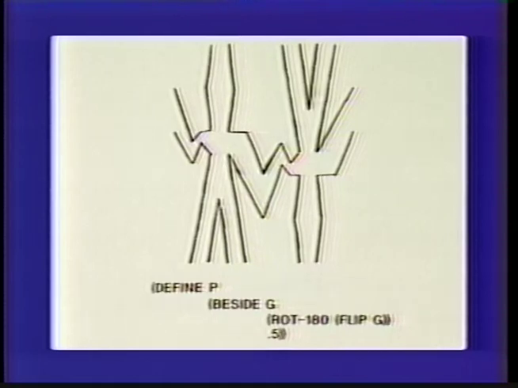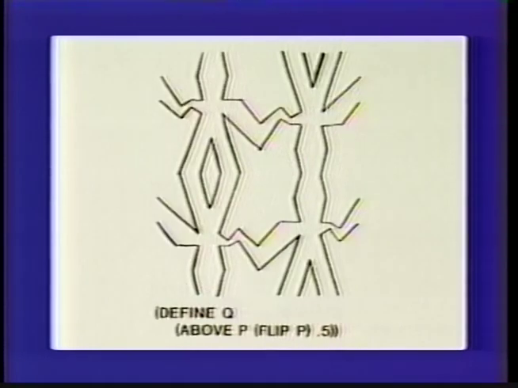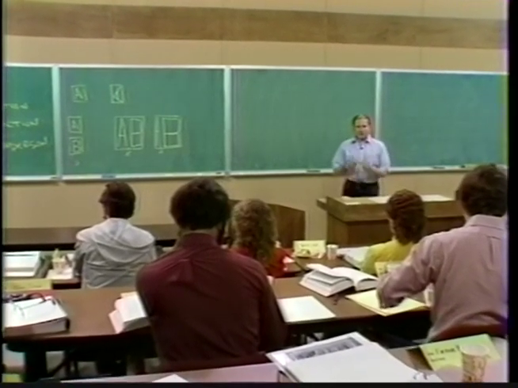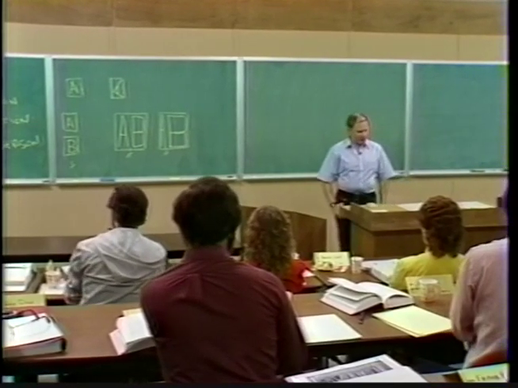And I can call that P. And then I can take P and put it above the flipped copy of itself, and I can call that Q. Notice how rapidly we've built up complexity. Just in 15 seconds, we've gotten from George to that thing Q.